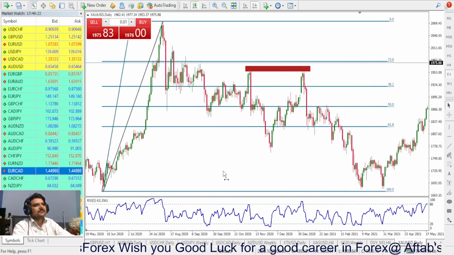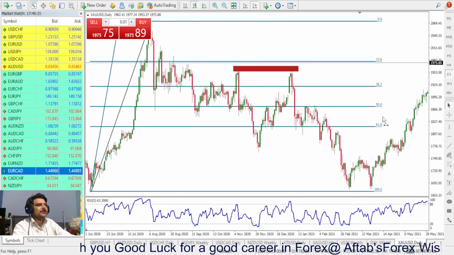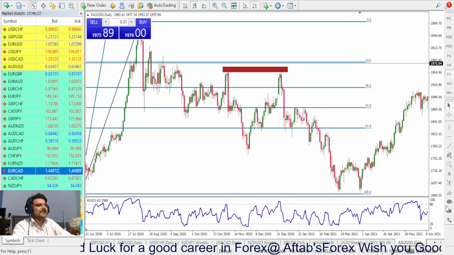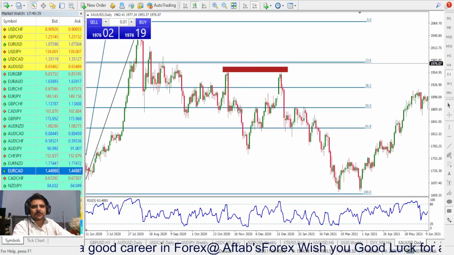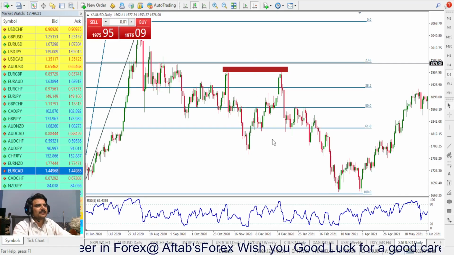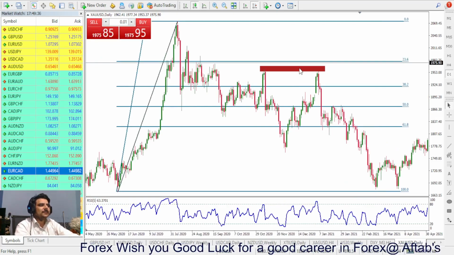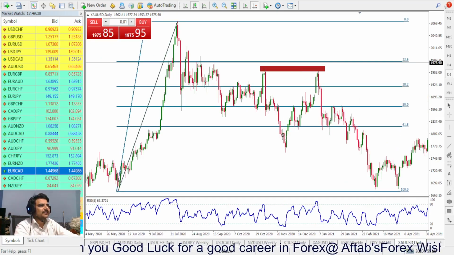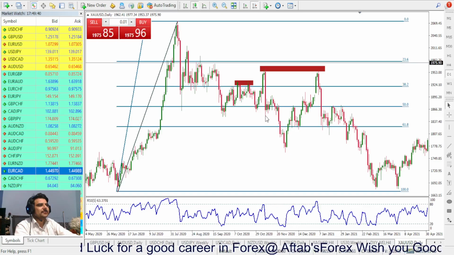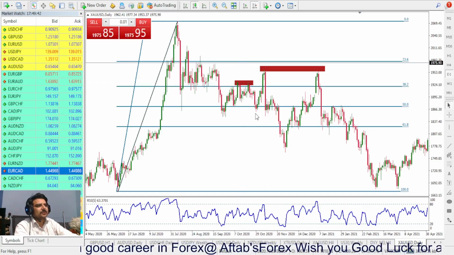Now, obviously, if the market was coming back down, see, I have skipped a lot of things right here because a lot of the things keep repeating itself. A double top we have got right here, a smaller double top right here. This one gave profit as well.